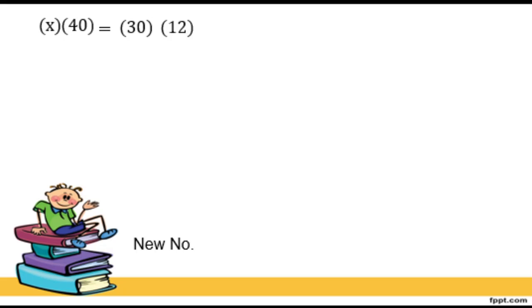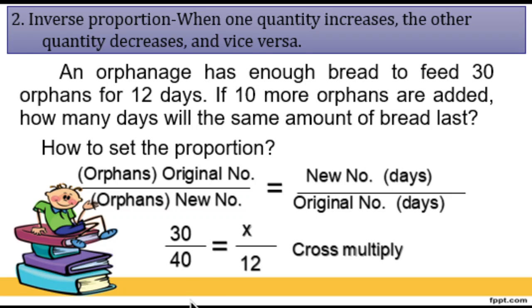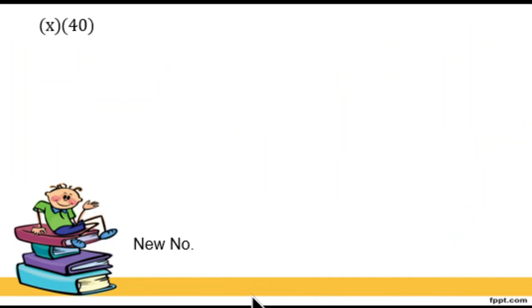Why is it 30 times 12? It's because, following our data, 40 times x is 40x, and 30 times 12 is 30 times 12. So we just rewrite.